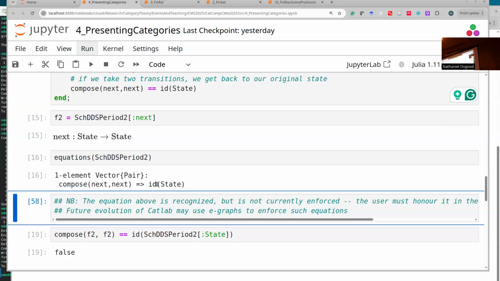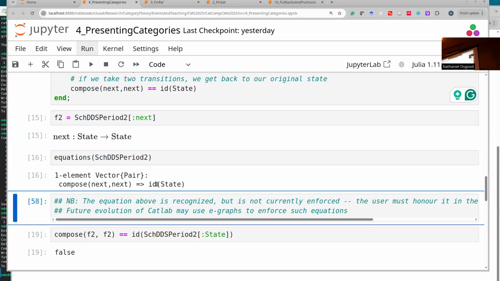In this case, however, there are certain areas where it's not smart enough to know how to take advantage. And this is a disappointment, but it's the current state, and they're working towards a solution to this using something called egraphs. Some of you may possibly have heard of in common.